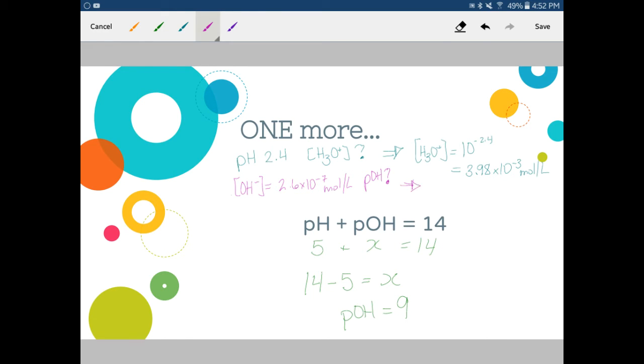To solve for this, my pOH is equal to the negative log of my hydroxide ion concentration, which is 2.6 times 10 to the negative 7. When I plug that in, I literally just click the negative button, the log button, and then 2.6 times 10 to the negative 7. This equals my pOH of 6.59.